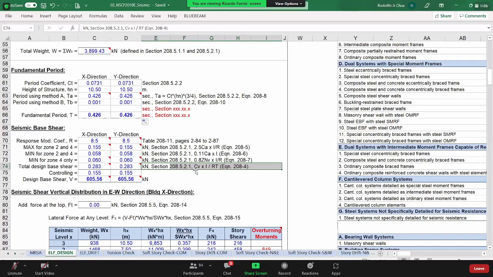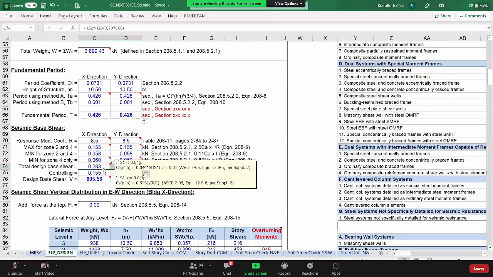So the base shear is calculated as Cv, multiplied by the importance factor, and then divided by the response modification coefficient R times the period T. So Cv times I divided by R times T. So this is the acceleration. I have not multiplied the mass here yet. So this is the acceleration part.